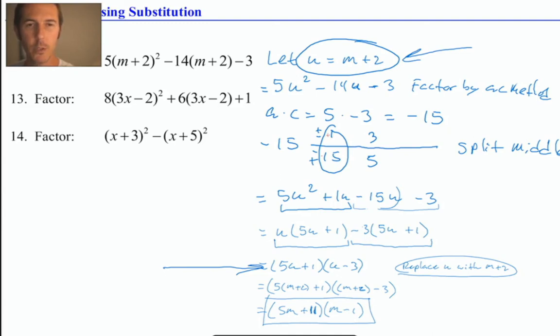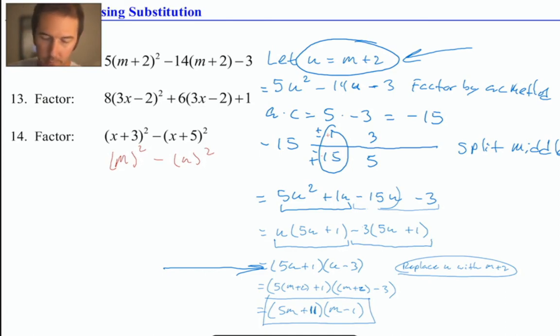Number 13, you would use the same process of u substitution that we just used. And number 14 is kind of cute. I don't want to go all the way through it, but I would rewrite number 14 as maybe m squared minus n squared. That way you can see a little bit more clearly that it's a difference of squares, like a squared minus b squared.